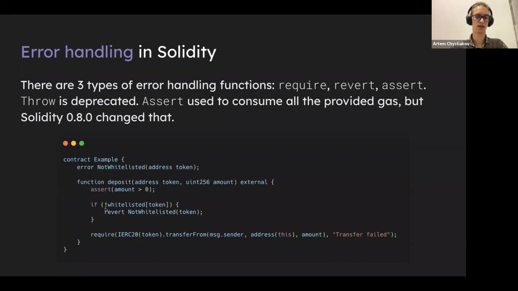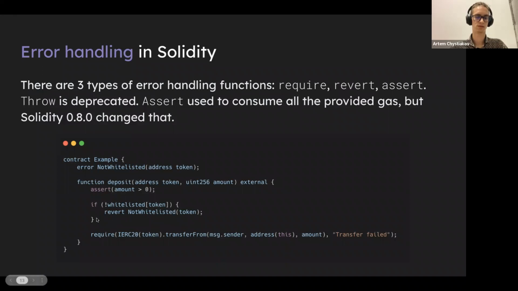Then there's an example of the revert usage. Here I check that if the token that the user provided to the function is not in the whitelist, some imaginary whitelist, then we revert with a custom error. In Solidity, you're also allowed to declare custom errors. Here is how you declare one: the keyword error, the name, and the parameters. Just like events, but errors. And you can use those errors to revert.